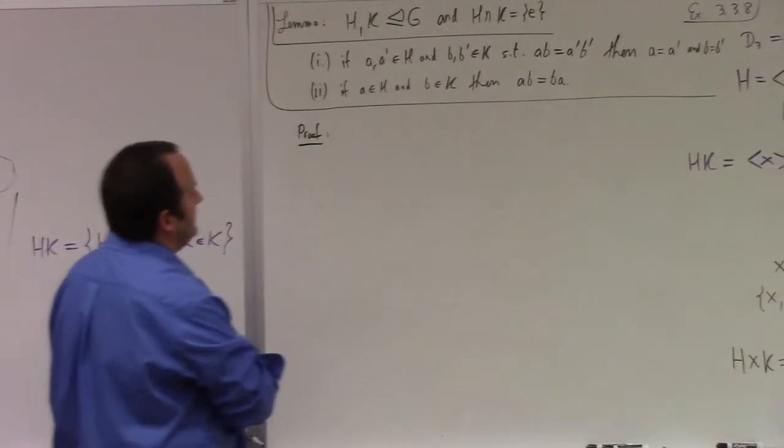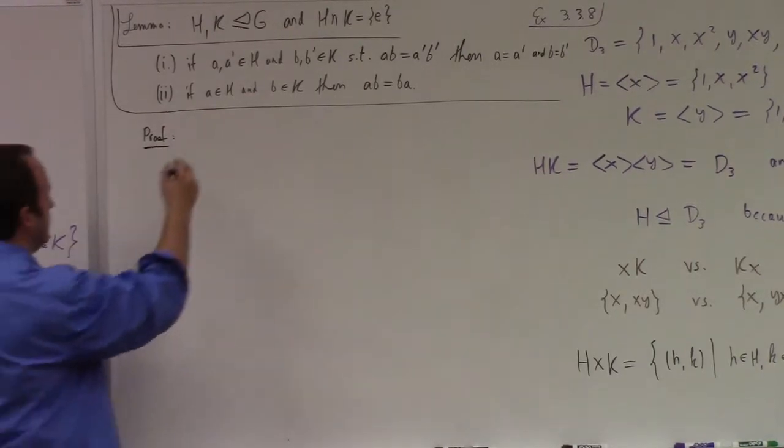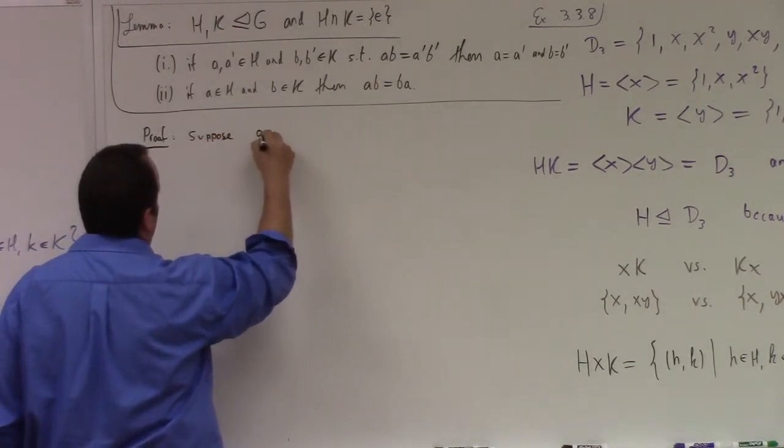All right, what are we assuming here? We want to assume that a and a' are in H, b and b' are in K, and then we start with what? Suppose just what I said, right?